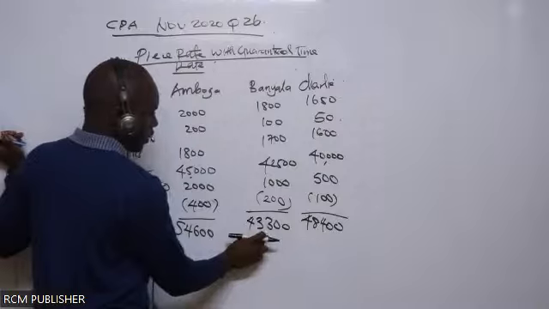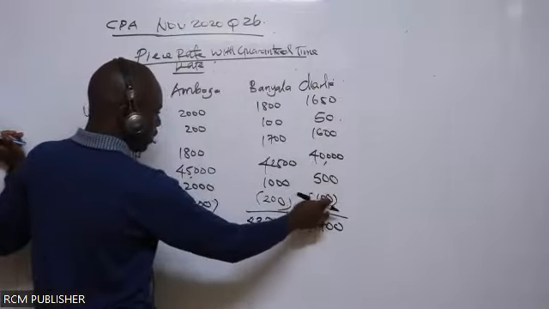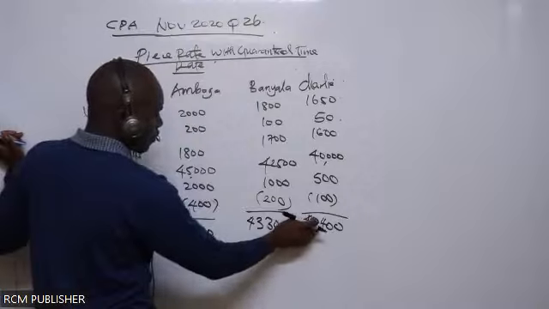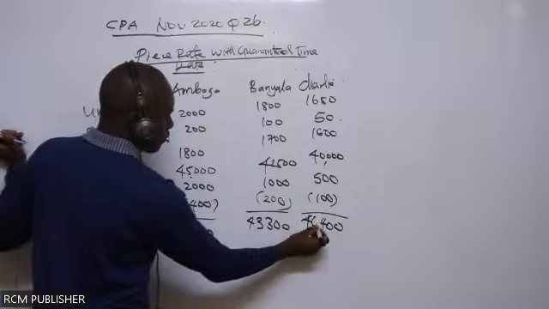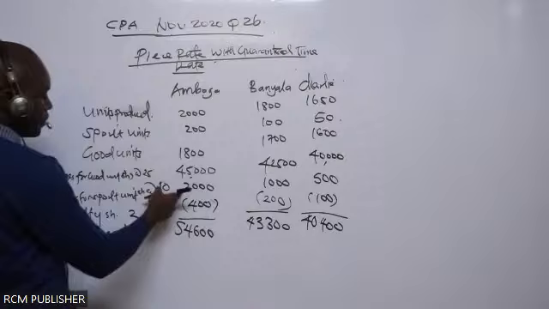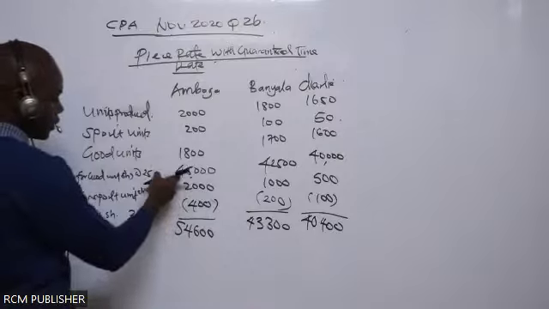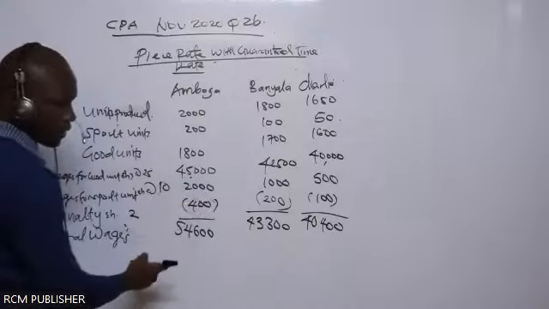That is 43,300. Then here we have 40,500 minus 100, which should be 40,400. Then this one here is 47 minus 400, which should be 46,600.